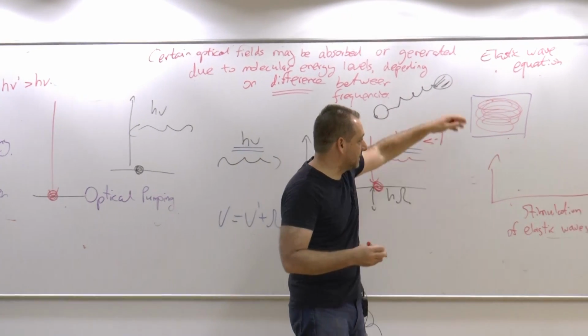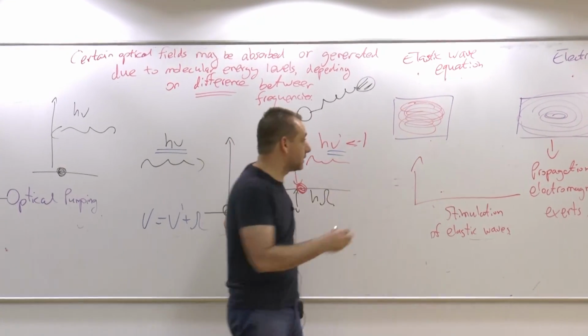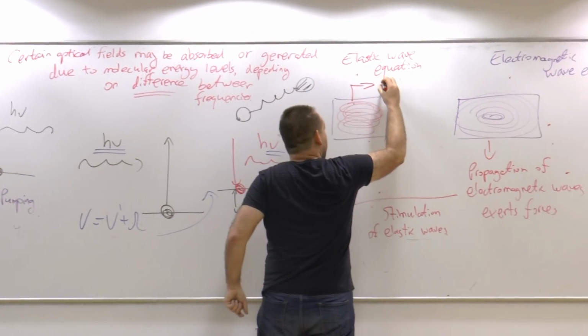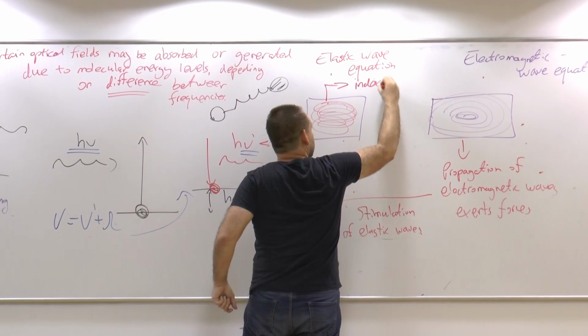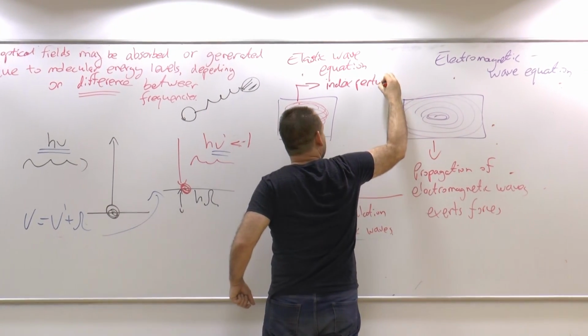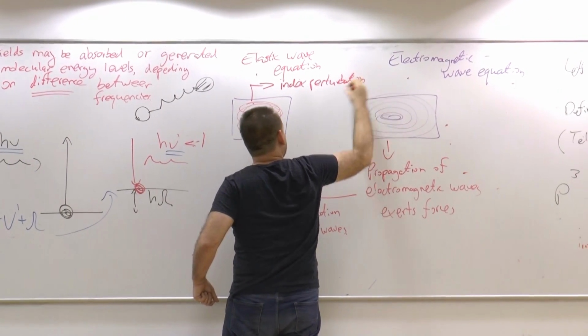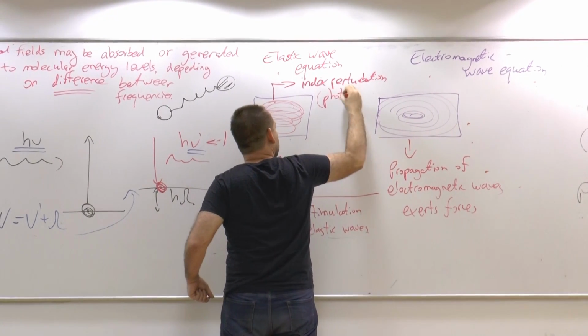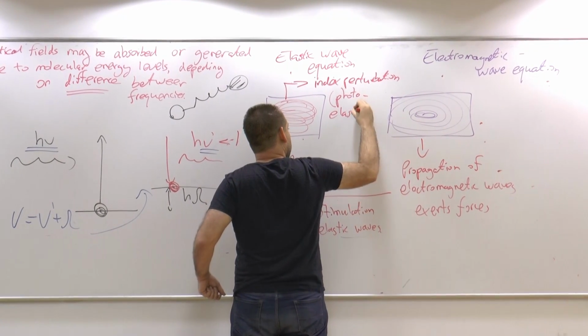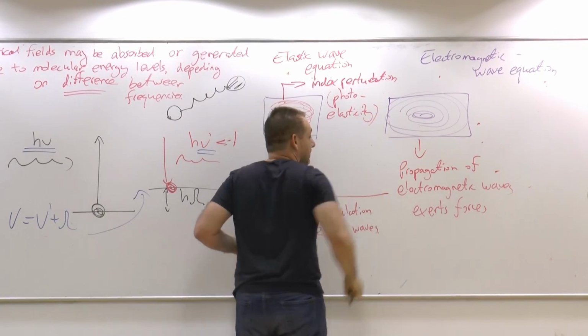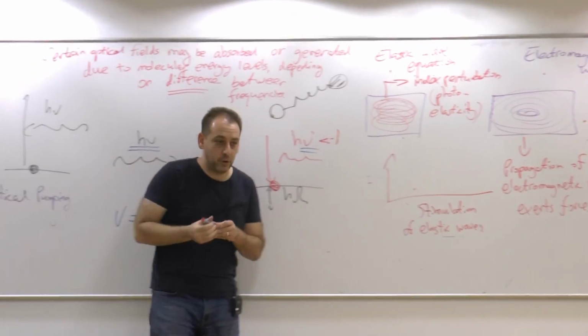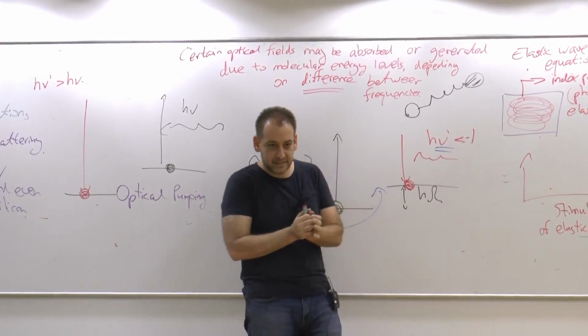So when this elastic wave kicks into action, we have index perturbations. And this is because of photoelasticity. It happens in every medium. If I deform the medium enough, the index is not the same anymore.